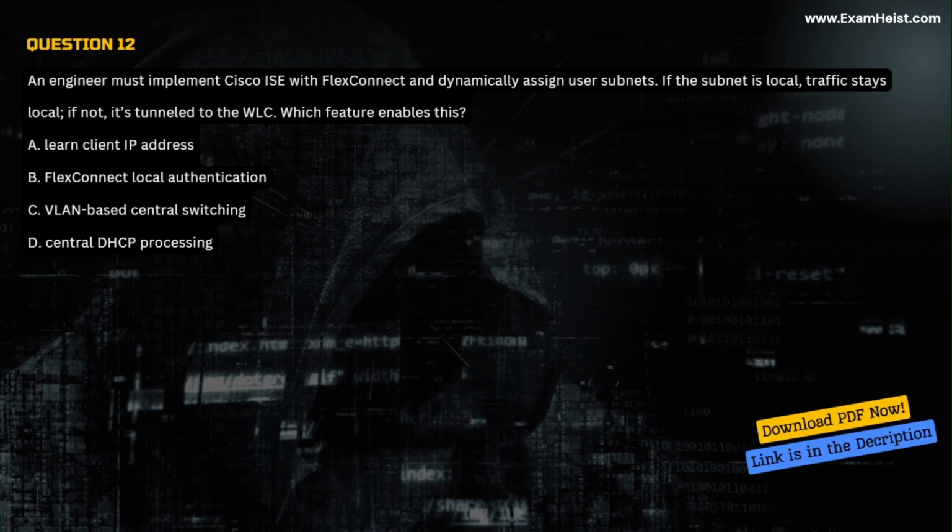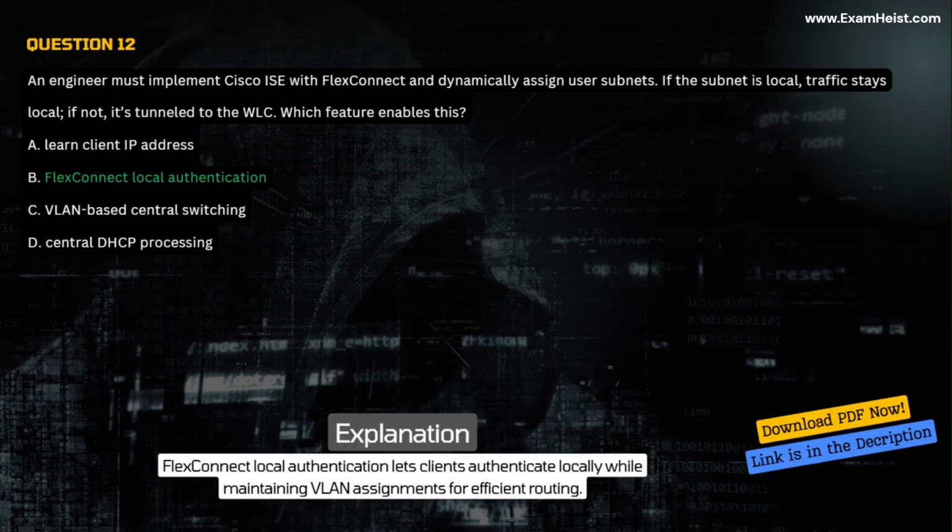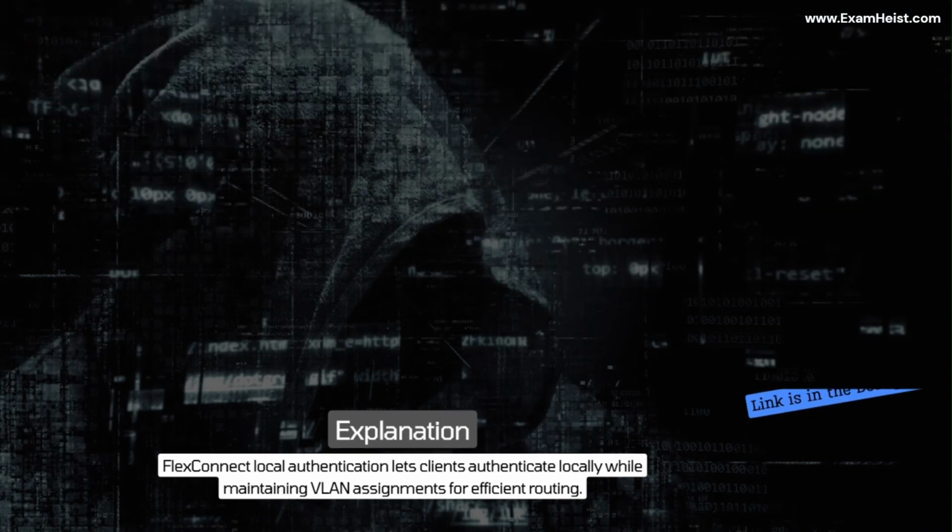C. VLAN-based central switching. D. Central DHCP processing. Correct answer B. FlexConnect local authentication. Explanation. FlexConnect local authentication lets clients authenticate locally while maintaining VLAN assignments for efficient routing.